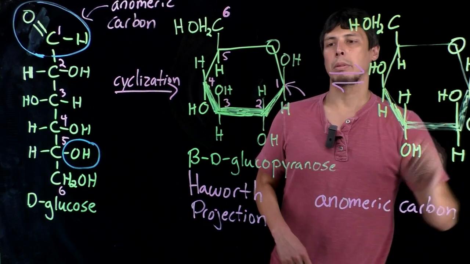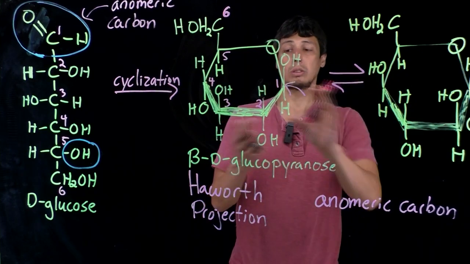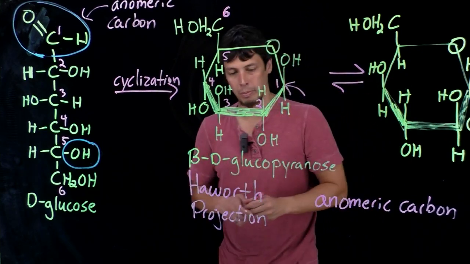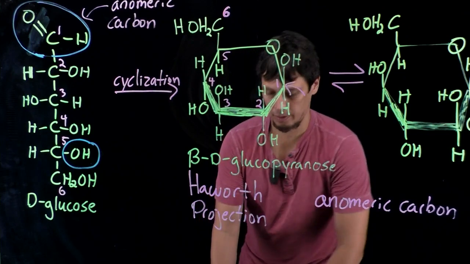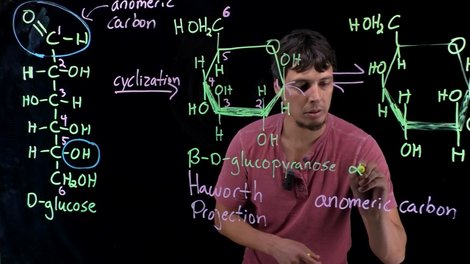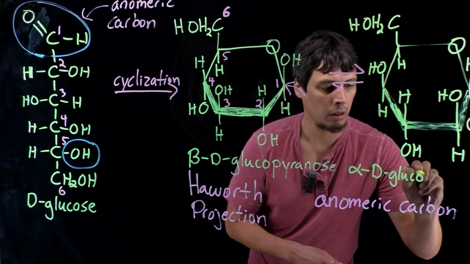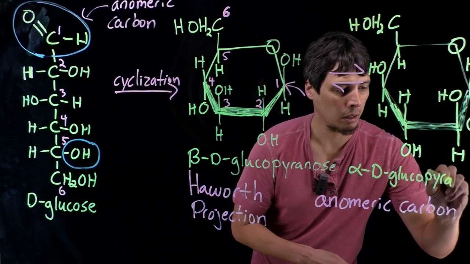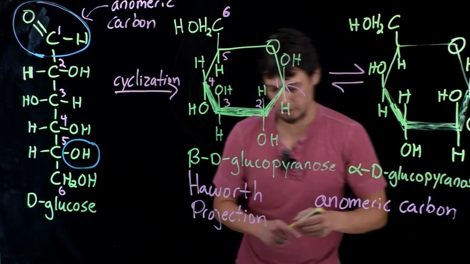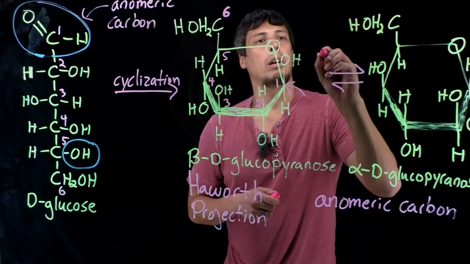So it's the same carbon, right? And that's where we can have this choice between this alpha, or excuse me, this beta and this alpha anomer. So the name of the configuration on the right is very similar. So it's alpha D-glucopyranose. And the relationship between these 2 are anomers.